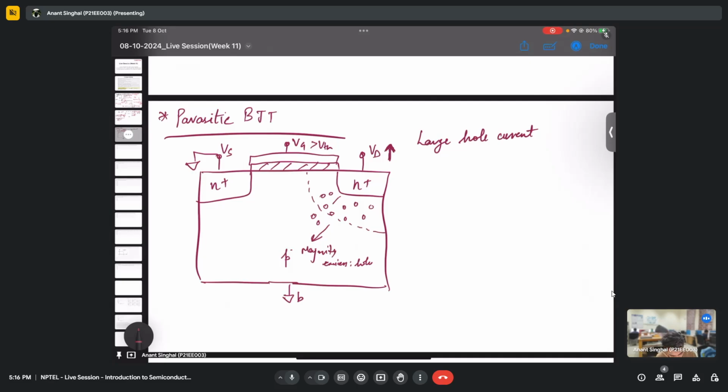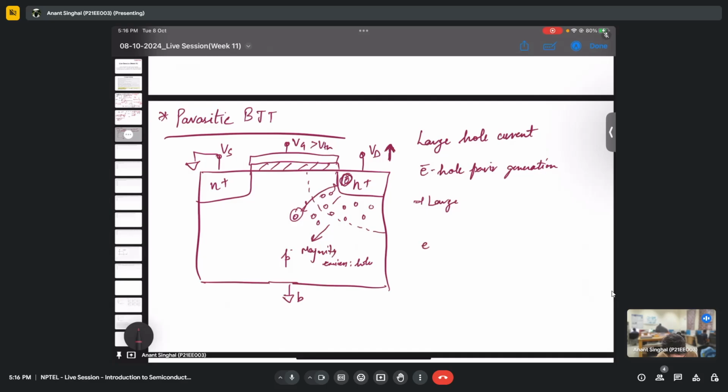Why is that? Because we have an ample amount of electrons in this n plus, and an ample amount of holes in this p. So there is electron hole pair generation, and it is going on continuously. As we have this electron hole pair generation and recombination again and again, we get a large hole current.